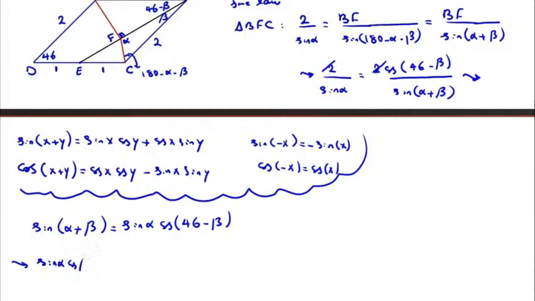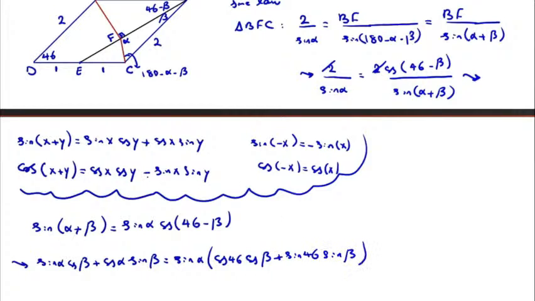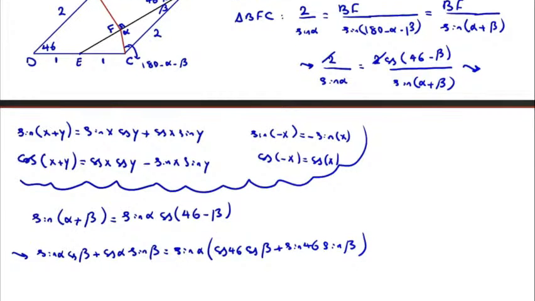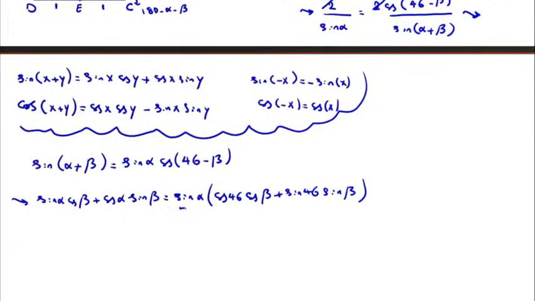Sine alpha cos beta plus cos alpha sine beta equals sine alpha cos 46 cos beta plus sine 46 sine beta, because if you use the rule here, the negative sine of negative beta becomes plus sine beta. Okay. Now here I have sine alpha, and here I have sine alpha. If I divide, let's see.